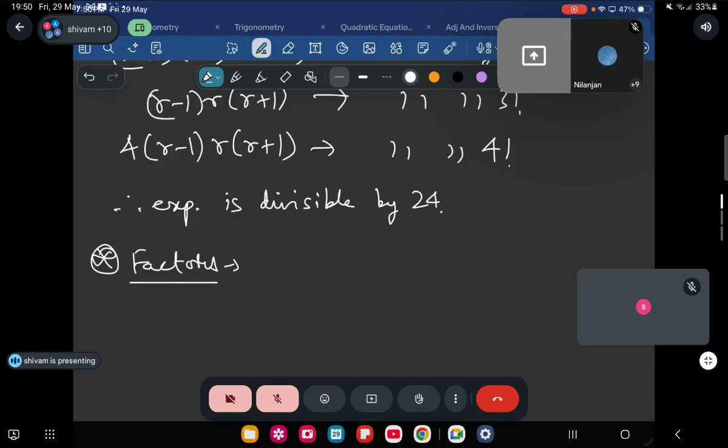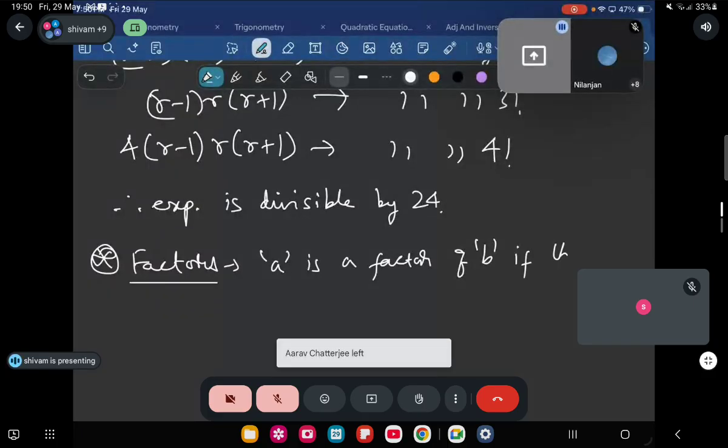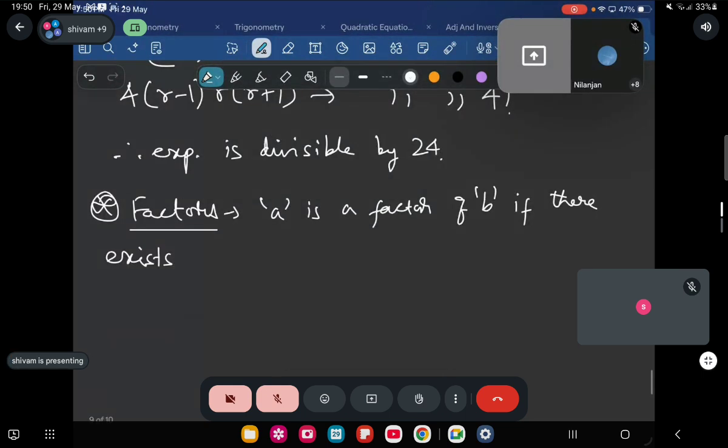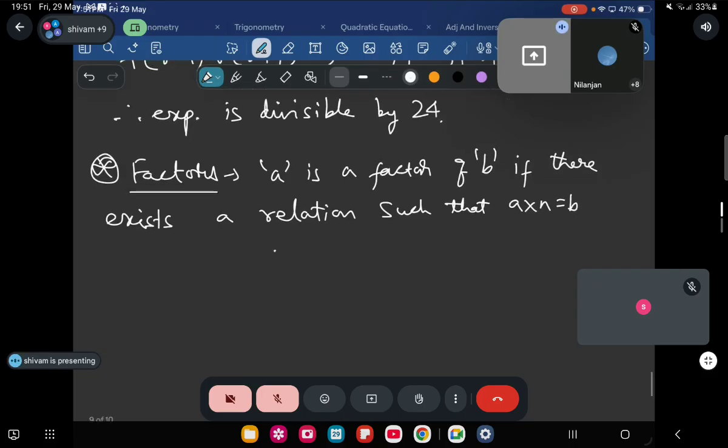So when we say A is a factor of B, whenever we say A is a factor of B, if there exists a relation such that A multiplied by N is equal to B. For example, you see 2 into 4 is equal to 8. This implies 2 is a factor of 8.